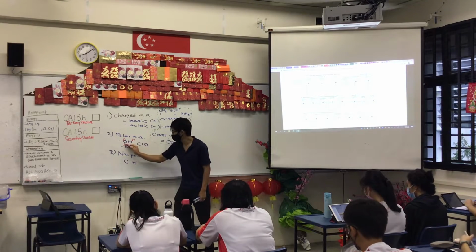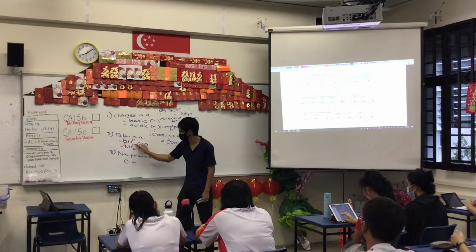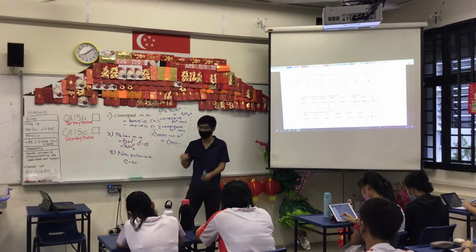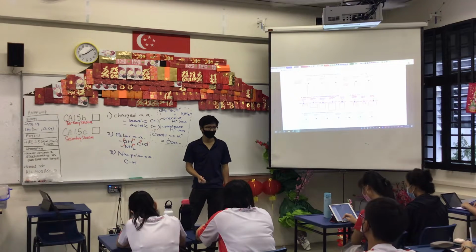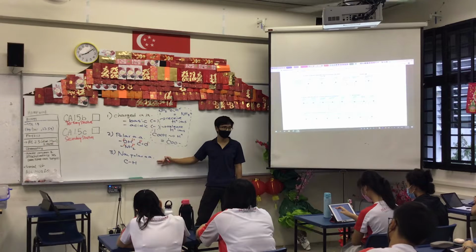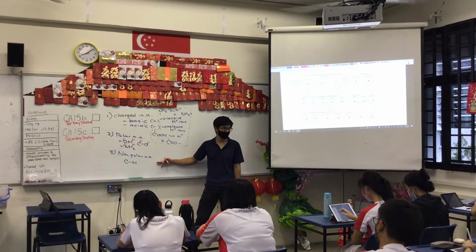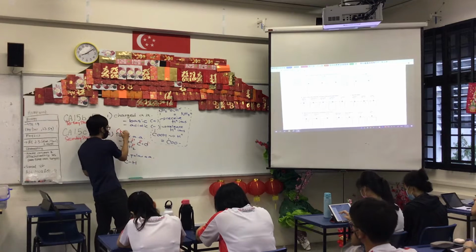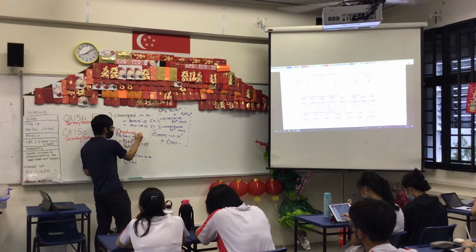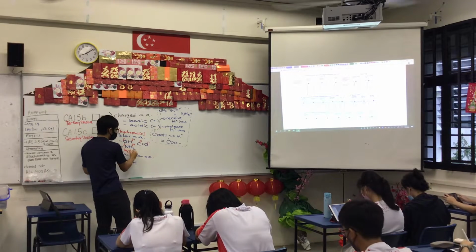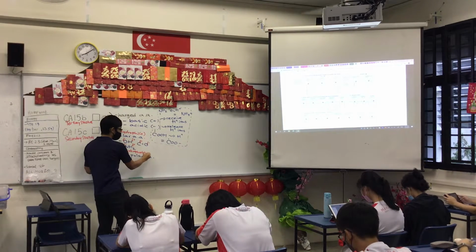Same here, the nitrogen will be partially negative, hydrogen partially positive, carbon partially positive, oxygen partially negative. Can attract water to itself. Alright, what about this? Is this going to be hydrophilic? Okay, so hydrophobic. So let's write this additional detail down. Polar groups will be hydrophilic. They love water. Non-polar will be hydrophobic. They do not like water.